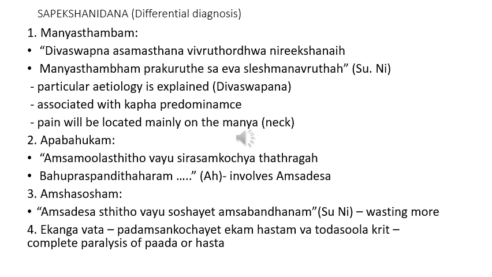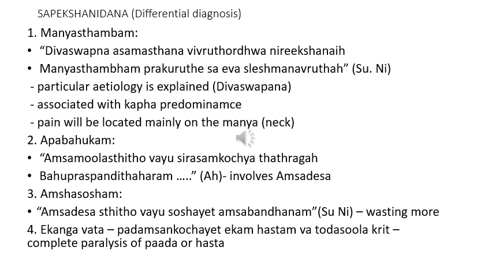Whereas in Apabahuka it is on the shoulder, and in Vishwachi it is throughout the arm, with radiating pain. In Apabahuka, Amsa Mulasthita, the Amsa Pradesha, is mentioned. In Amsashosha, wasting is seen more.